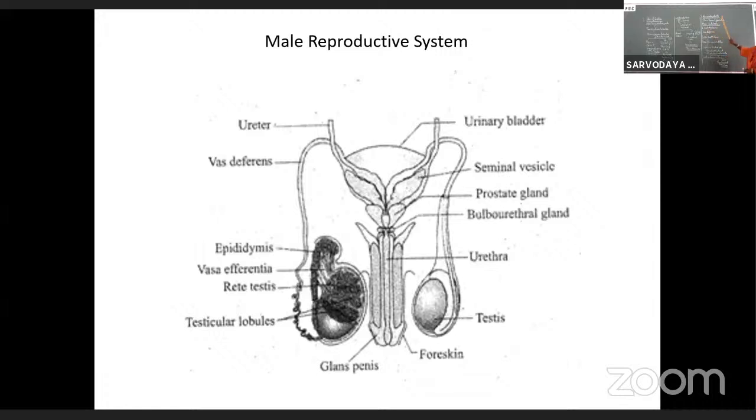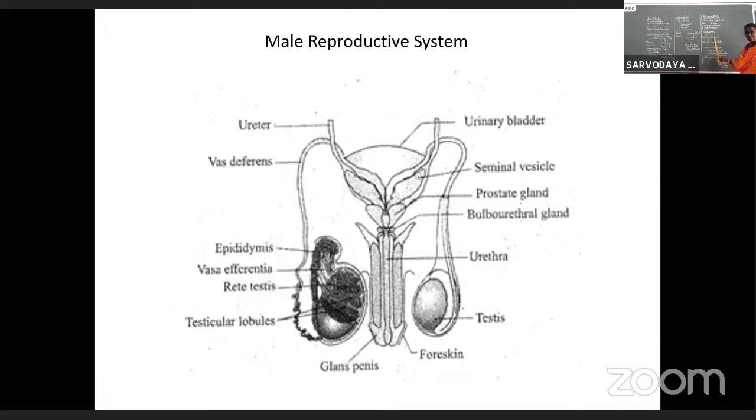Two-mark question. The seminiferous tubule continues into the vasa efferentia through rete testis. Vasa efferentia continues into the epididymis. Epididymis continues into the vas deferens. The vas deferens continues and enters the abdomen.